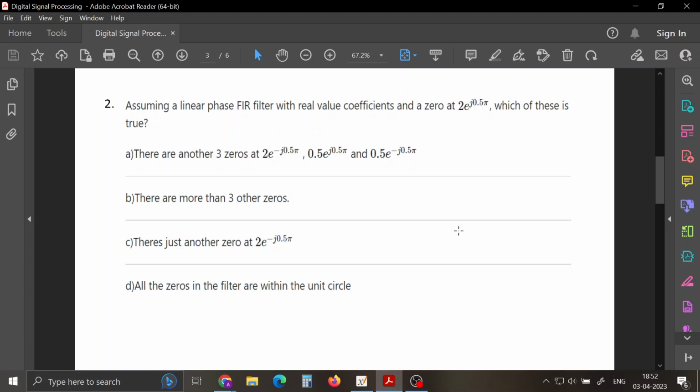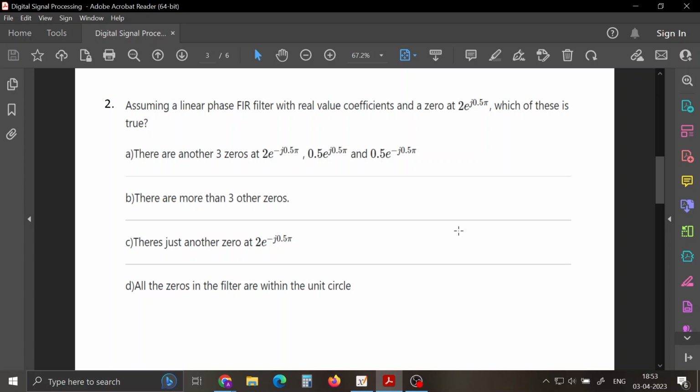In C there is just another 0 at 2 times e power minus j 0.5 pi, and the last option says that all the zeros in the filter are within the unit circle.